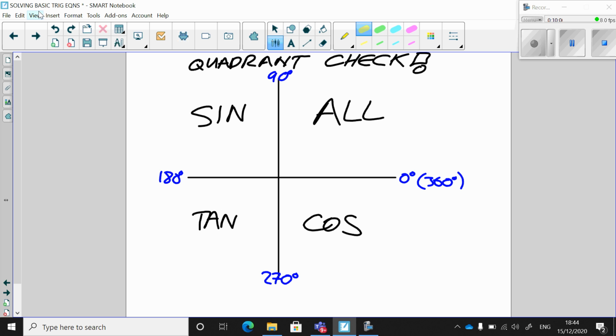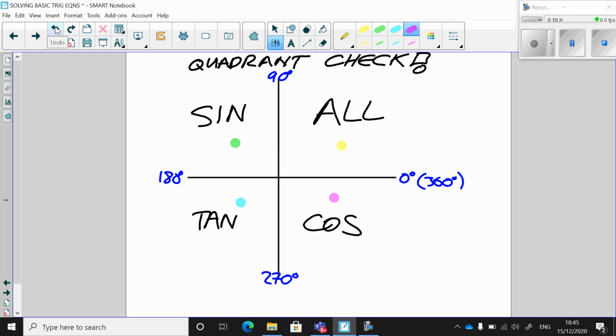So in the quadrant check, we put in this system that will eventually lend itself to solving equations for us. We put in all, sine, tan, cos.